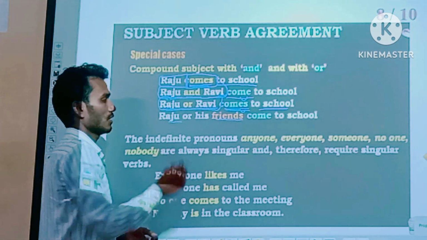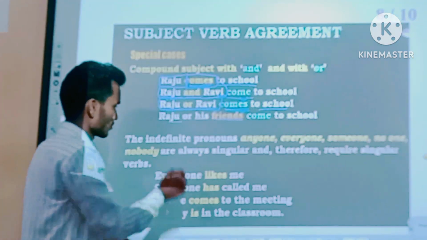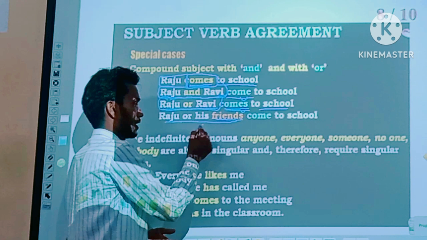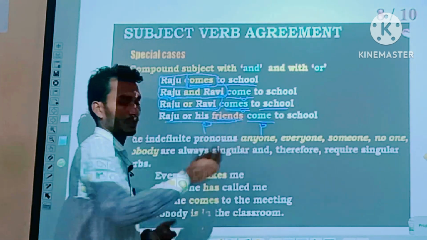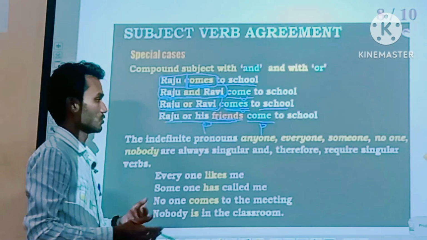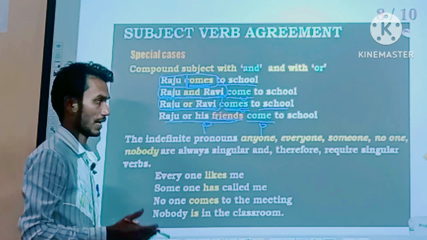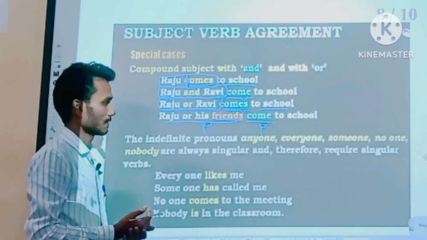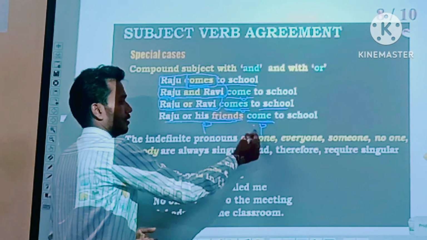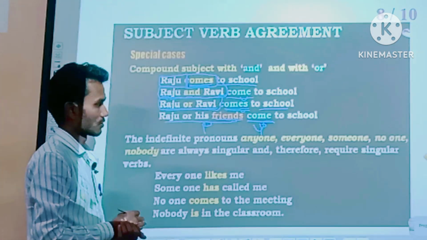Raju or his friends, so the subject becomes plural, friends. That's why the verb should be plural, come, it's not comes, right?